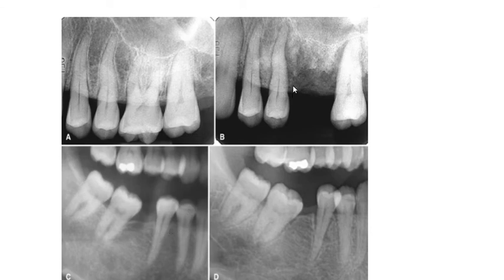And the second radiographs depict the images after the irradiation therapy, and we can clearly identify the disappearance of the lamina dura, for example on the second and first premolar teeth.